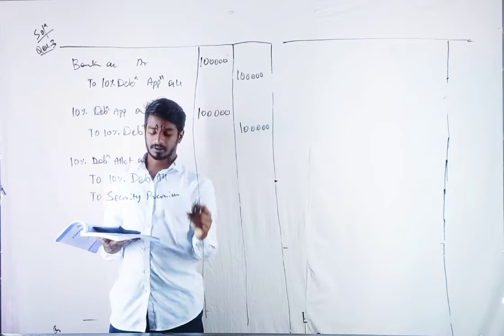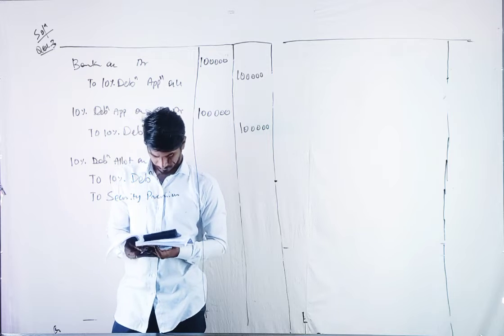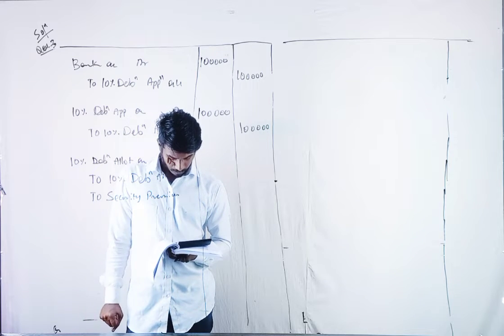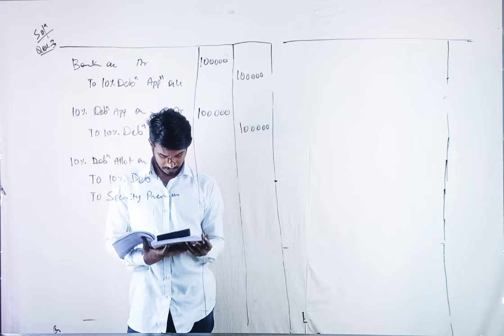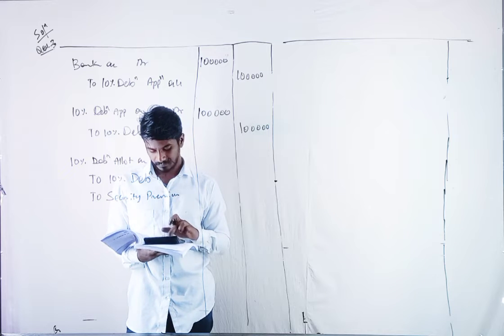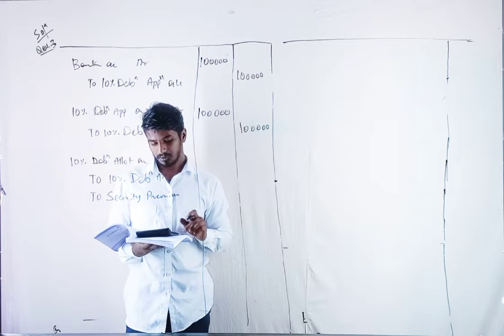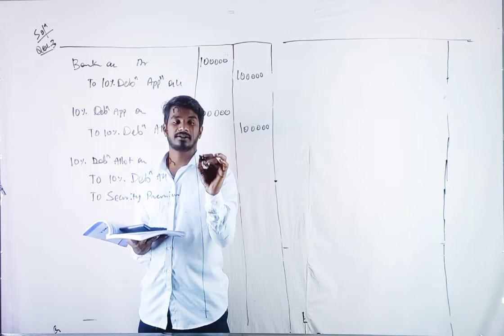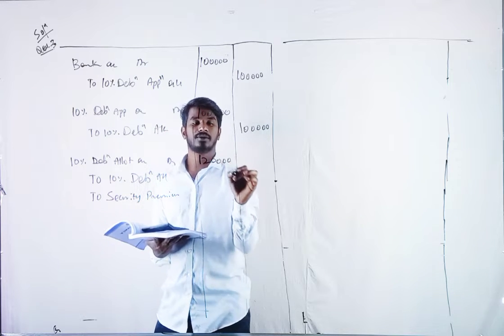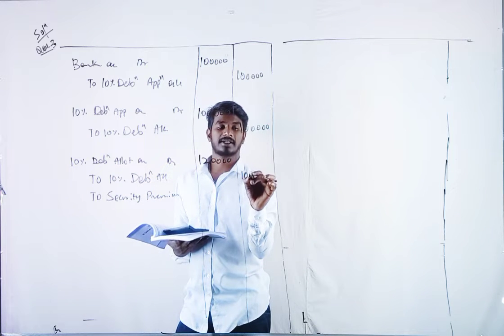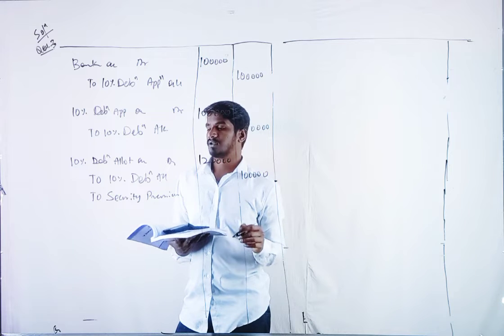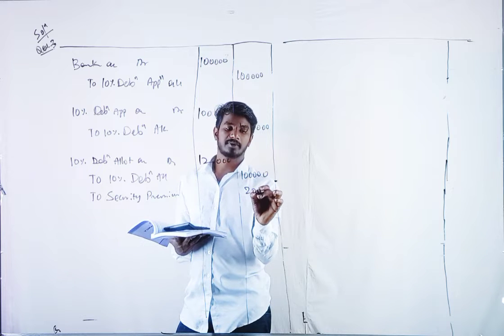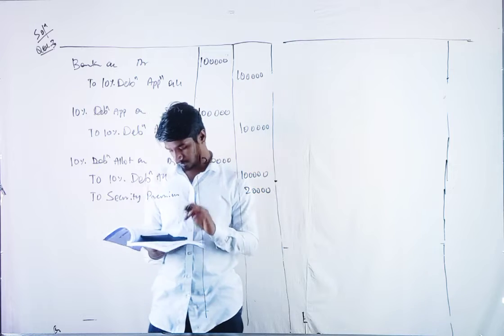How much? Total 60 per debenture, 1,20,000 due. Out of that, 1 lakh is transferred to debenture account, and security premium is 20,000.